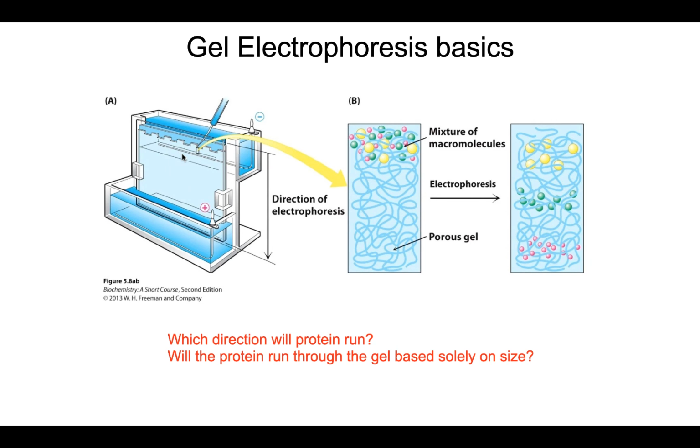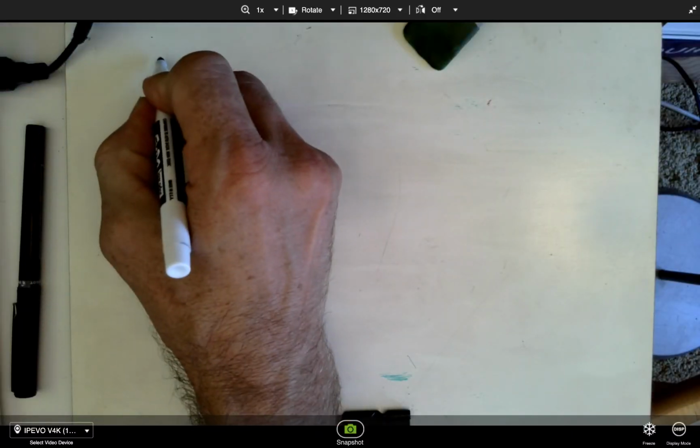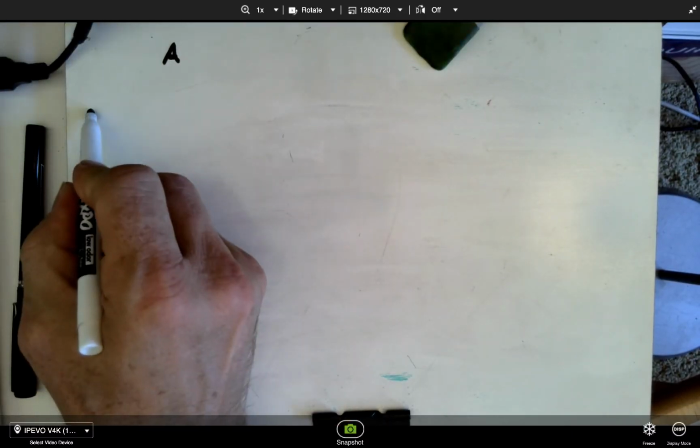Next, another question. When you compare proteins to DNA, DNA, when you purify it, doesn't have much tertiary or secondary structure. It's pretty much just a linear chain. Let's take a look, though, at proteins. Protein A looks like this.